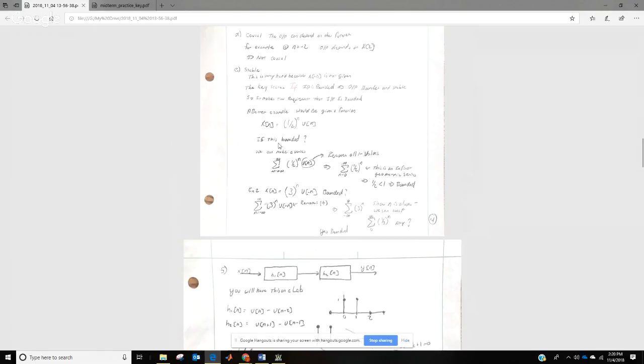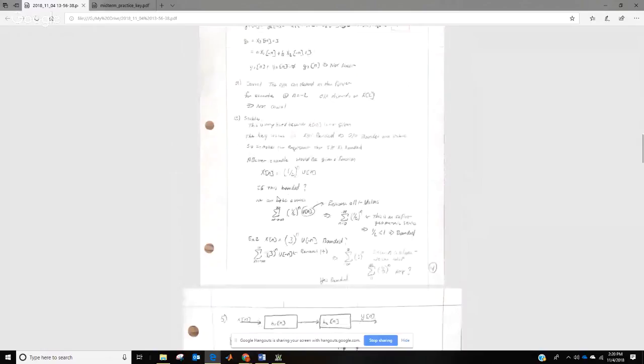Let's say we have x of n equals 1/2 to the n times the step function u of n. Is this bounded? Well, just look at the series of 1/2 to the n times u of n. The u of n will remove all our negative values in our summation.